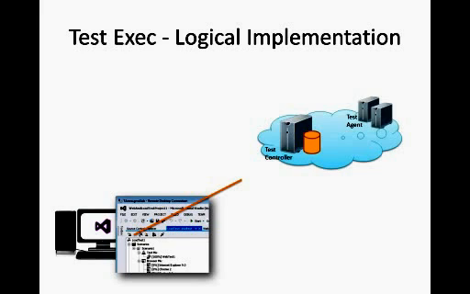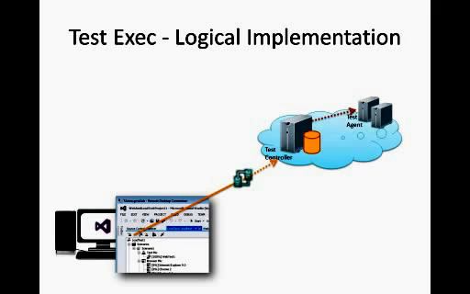I will delve deeper into this when I do the actual demo, but for the purposes of logical implementation, once you click the test run, it triggers the communication channel with the test rig which is running in the cloud using the Windows Azure endpoint. This basically sends a message to the test controller with details of tests that need to be run.